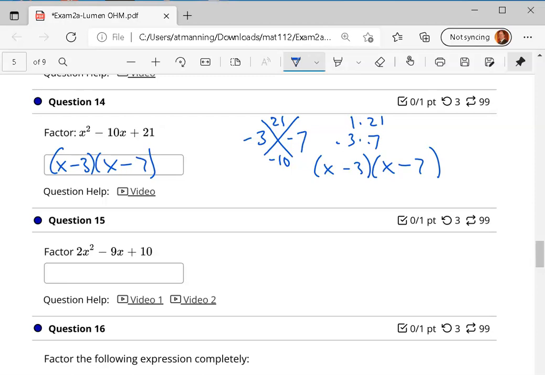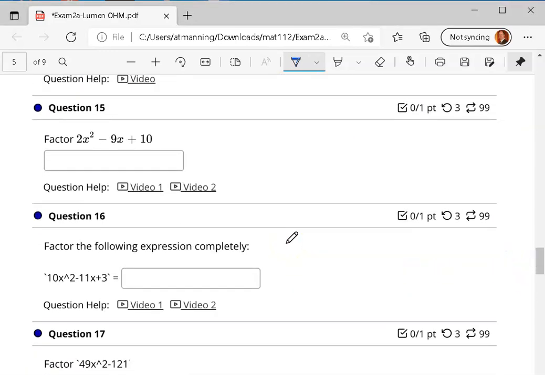Well, this one's just a little bit different. I can't factor out the 2. I could use the quadratic formula, or I could say, wait a minute, remember the slide and divide? Slide the 2 over to here, and I get x squared minus 9x plus 20. Well, let's do that factoring. Two numbers multiplied give me 20.